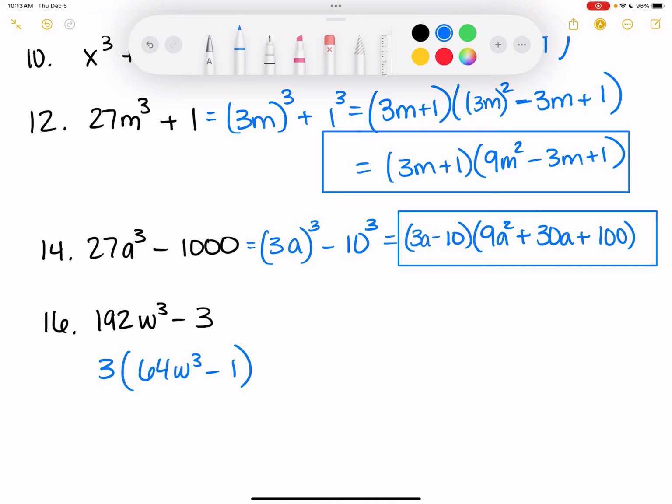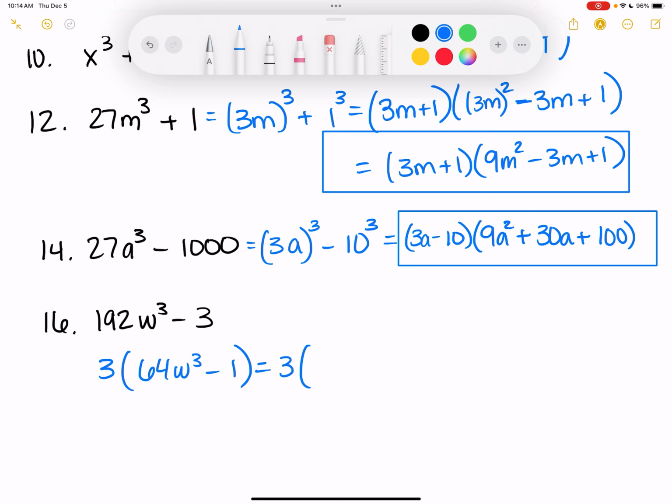So what cubed is 64? Yep, 4 cubed. Yep, 4 times 4 is 16 times another 4 would be 64.